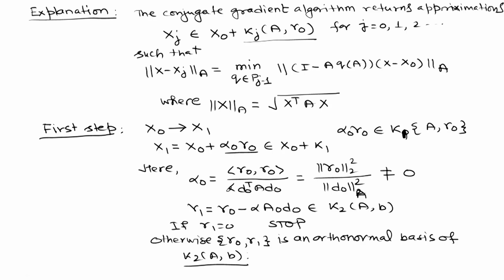So, when I will calculate r 2, then r 0, r 1 and r 2 will form an orthonormal basis for K 3 of A and r 0 and so on. In this way we will proceed for subsequent iterations in conjugate gradient method.